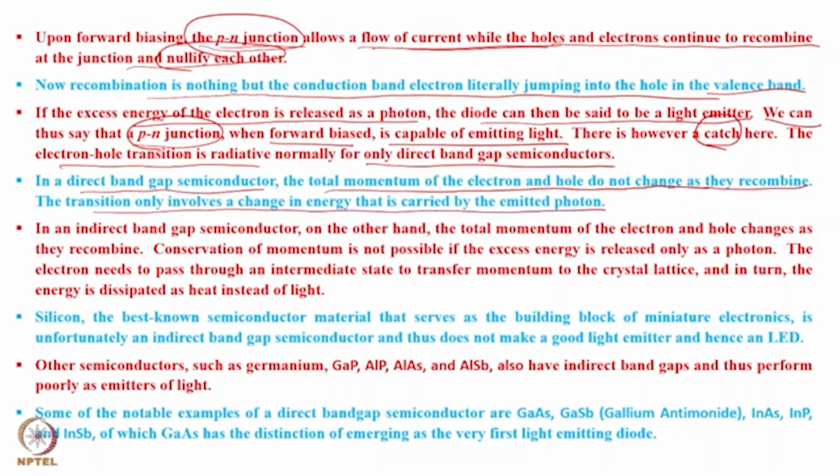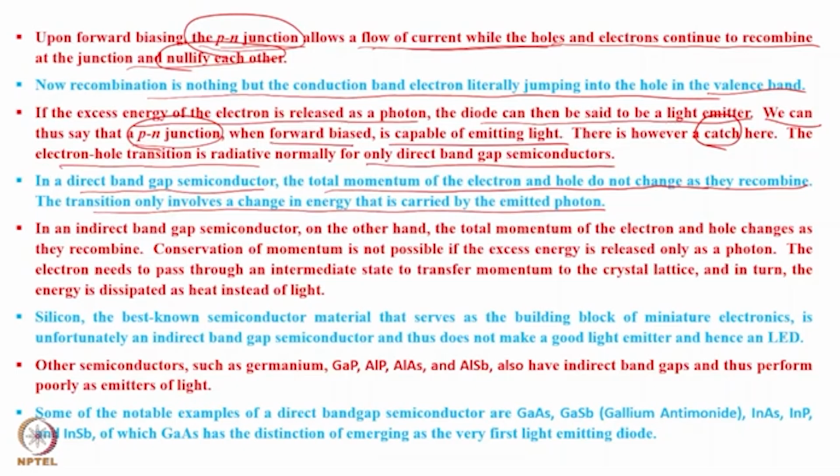As the transition takes place, that is, the electron comes down and combines with a hole, in any such process, both the energy and momentum must be conserved. In a direct band gap semiconductor, the conservation of momentum is automatic. It is intrinsic to the property of the direct band gap semiconductor.